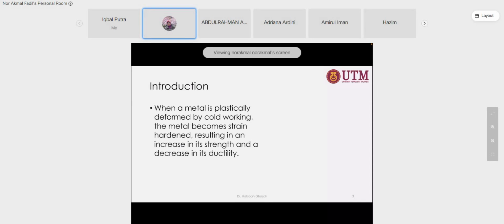Okay, when a metal is plastically deformed by cold working, right? We have discussed this in chapter 4. The metal becomes strain hardened. Strain hardened. Okay, why? It is because of an increase in strength and a decrease in the ductility.